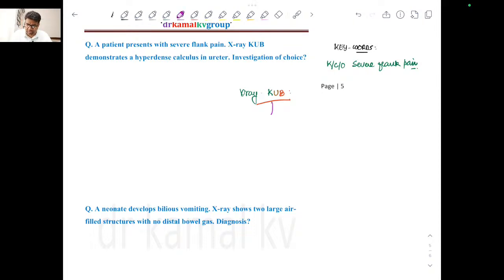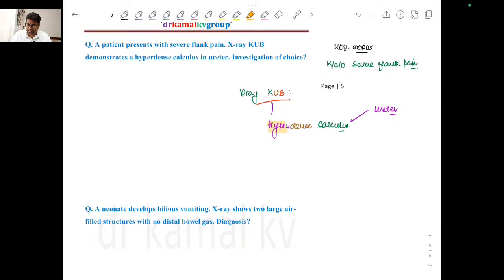Now what is it showing? It is showing a hyperdense calculus, and the location is ureter, right? So hyperdense calculus. Now why is it hyperdense? Because it is containing calcium, so it is shining bright.